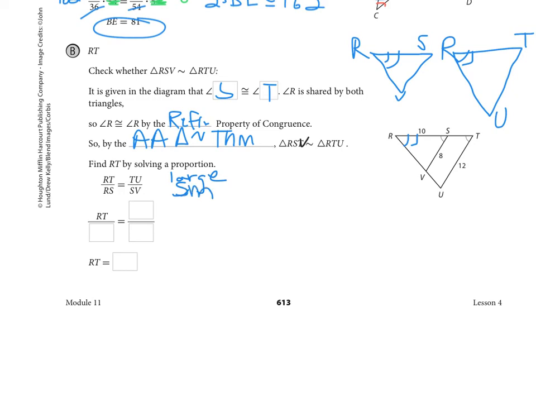So large over small, okay? RT corresponds to what? If we look at our similarity statement at the top, that's our roadmap, just like our congruent statement was our roadmap for our proofs. And we can set up our proportion because RT corresponds to RS, and RS's length is 10, so we'll fill that in. TU is going to correspond to SV, and SV's length is 8, where TU's length is 12.